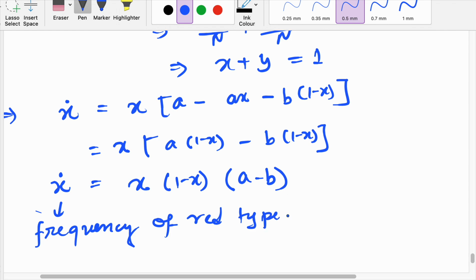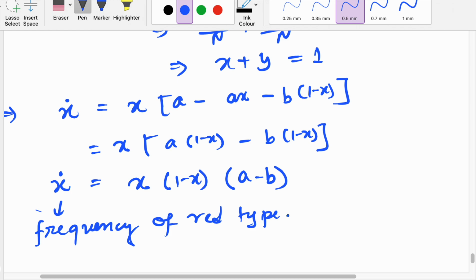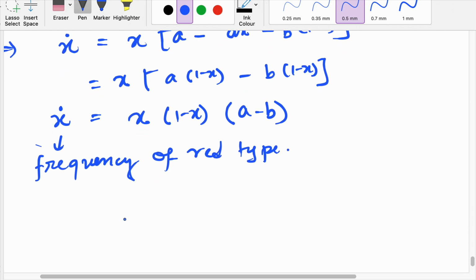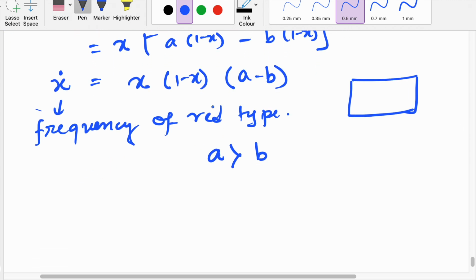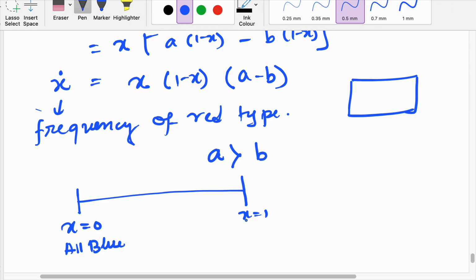Here you see an interesting phenomenon, this is called exact selection. Since only n individuals are there, if a is greater than b, where will this population go? If you analyze this equation, you will find that it can go in only two directions. Suppose this is x equal to 0, all blue, and this is x equal to 1, all red.